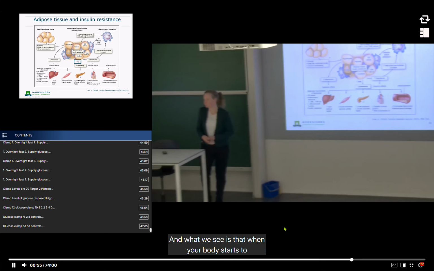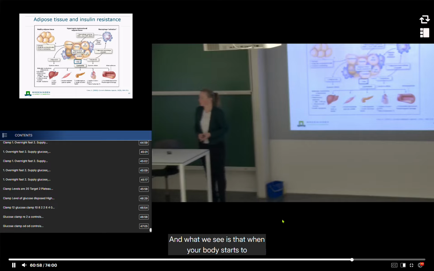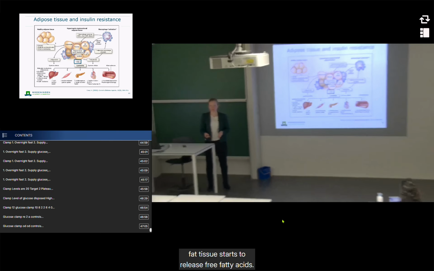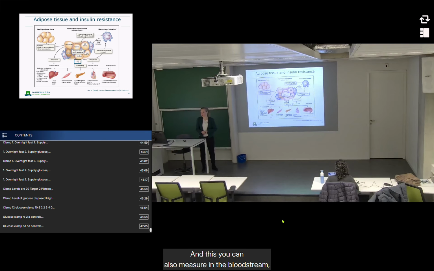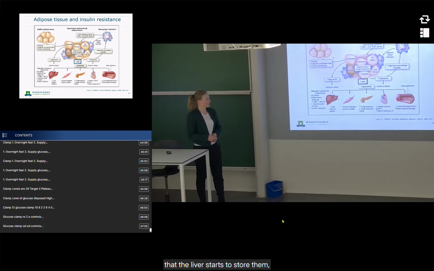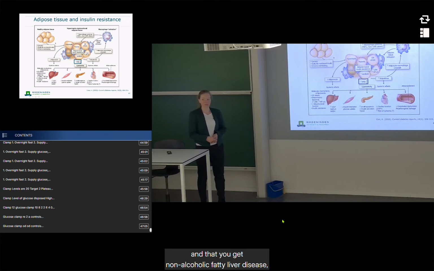What we see is that when your body starts to store fat somewhere else, not in your adipose tissue but in other places in your body, the fat tissue starts to release free fatty acids. You can also measure this in the bloodstream, so there are a lot of free fatty acids circulating inside your body. We think that this is causing different organs to respond in a different way. For example, we know that when there are a lot of free fatty acids circulating, the liver starts to store them, and you get non-alcoholic fatty liver disease, because the free fatty acids are just stored in your liver.